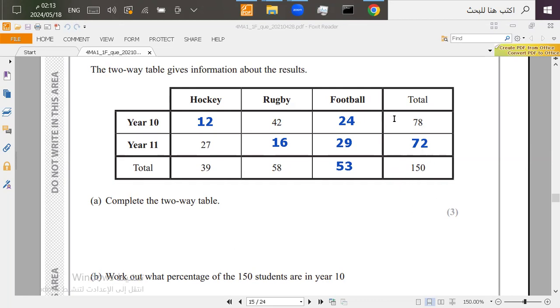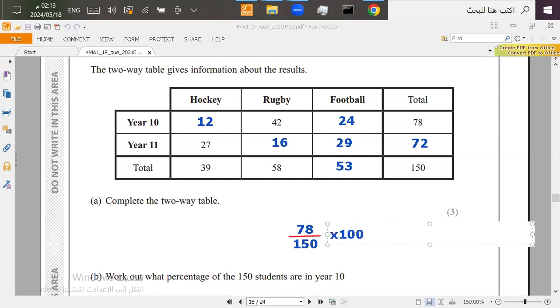So I'm going to take the year 10 students, which is 78, divided by 150. Because the total of year 10 is 78, divided by the total number of students, which is 150. And then because I need the percentage, I'm going to multiply it by 100.